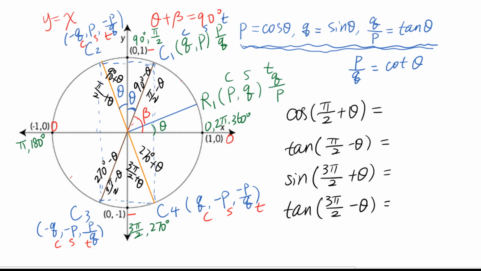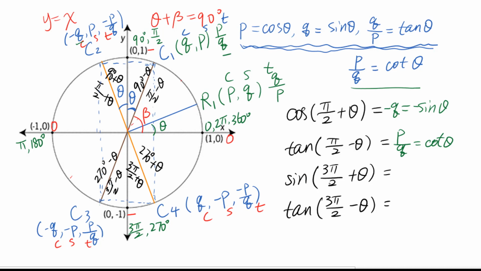For more examples, cosine pi over 2 plus theta. Pi over 2 plus theta is this one, negative Q. Negative Q, that is negative sine theta. For tangent, pi over 2 minus theta, that is P over Q. P over Q, that is cotangent theta.